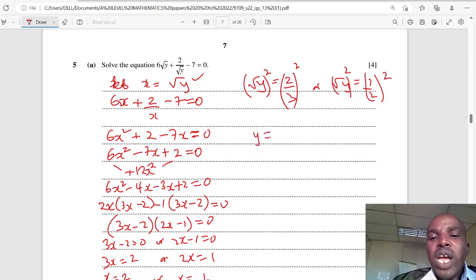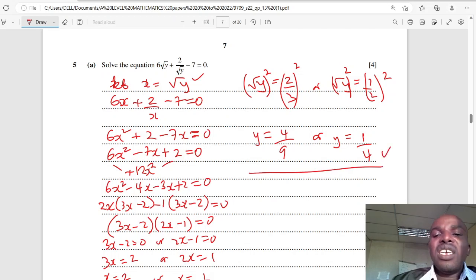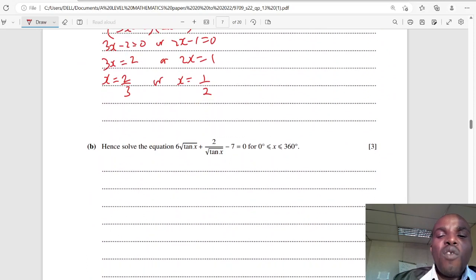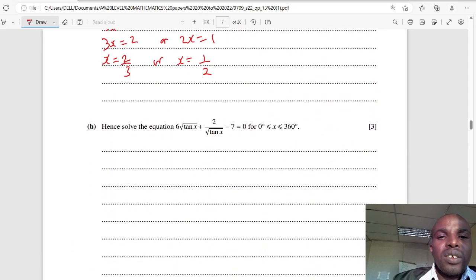If you square, you get y is equal to 4 over 9, or y is equal to 1 squared over 2 squared, so it will be 1 over 4. So these will be the values of y. Just like that, done. 4 marks: y is equal to 4 over 9, or y is equal to 1/4.